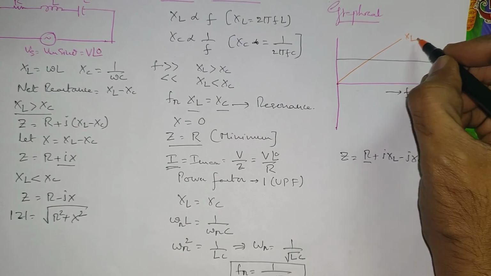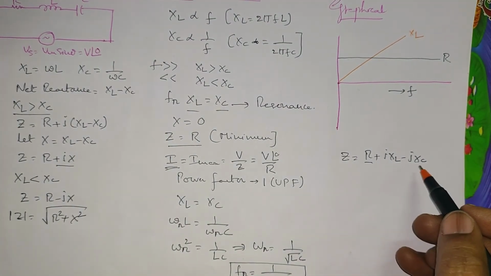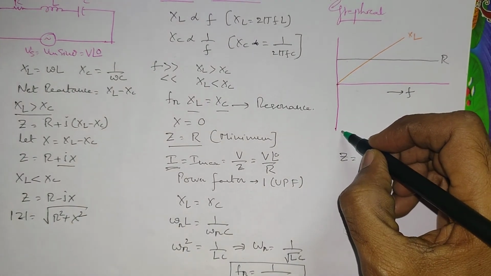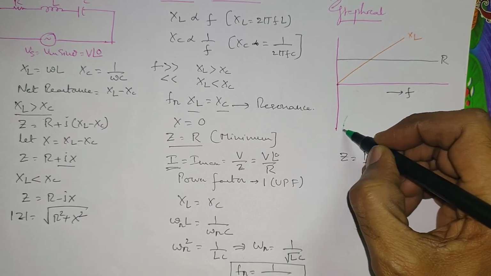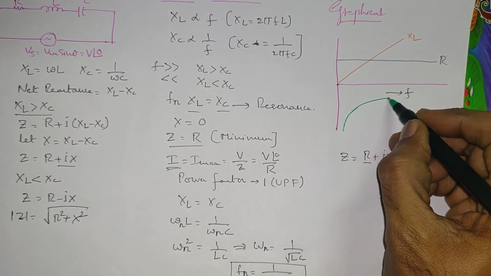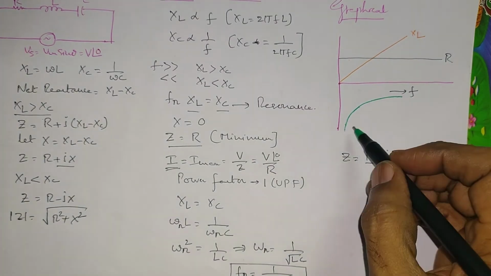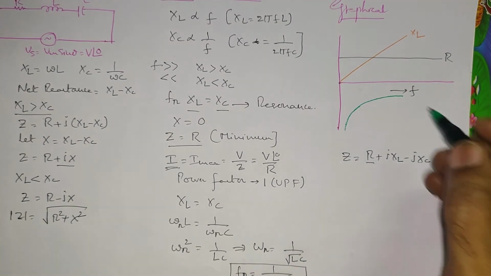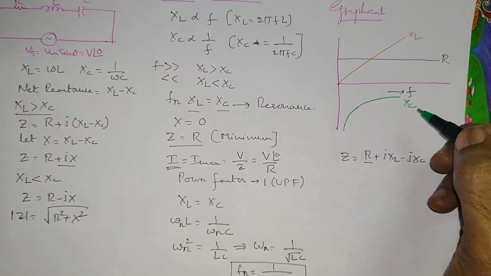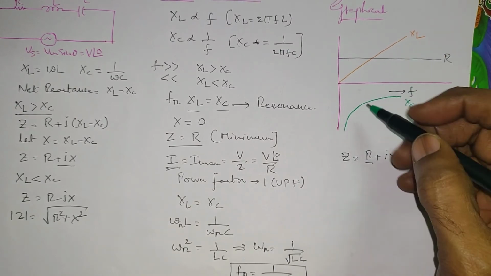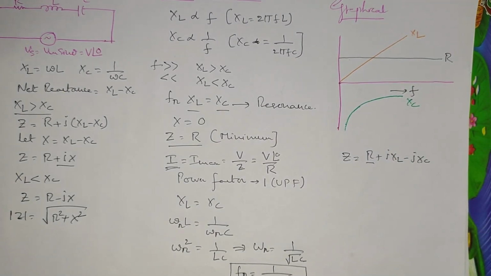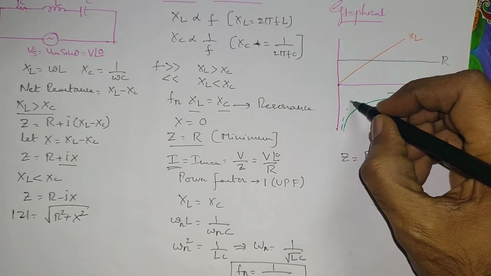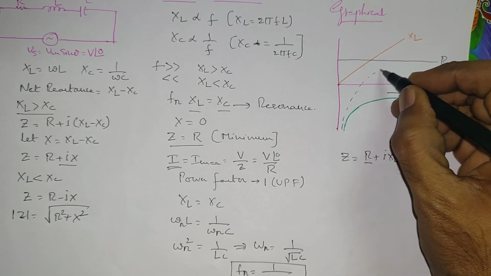So this represents XL, and XC will be inversely proportional to the frequency, which will have the shape of a hyperbola. So at lower values of frequency it is going to have greater values of capacitive reactance, and as the frequency increases the magnitude goes on decreasing, and this is considered as XC. Now let me draw the net reactance, that is the resultant of XL and XC. We are going to have the shape like this.